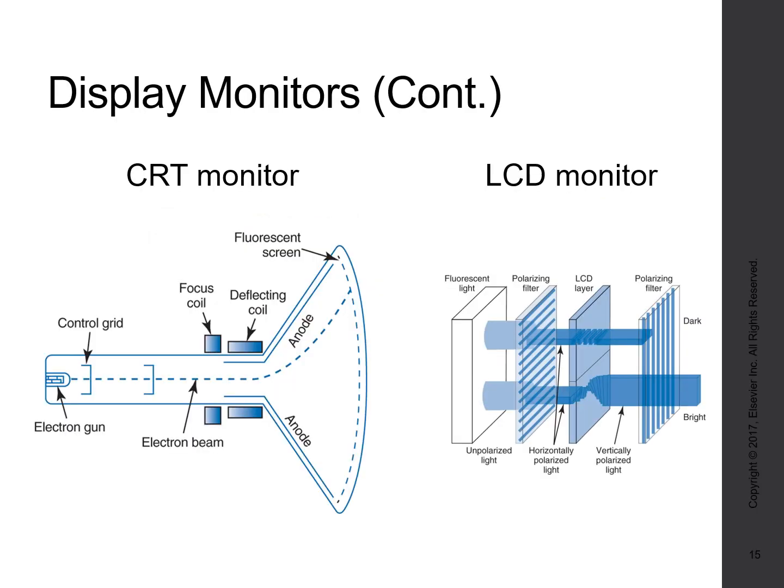So when we look at the internal components of how these function, the left describes the cathode ray tube, where the signal is provided through electronic circuitry coming in here to the electron gun, and then that electron gun shoots out electrons proportional to the incoming signal, and those electrons are then focused via the focusing coil and the deflecting coil to hit the accurate area on the anterior screen.